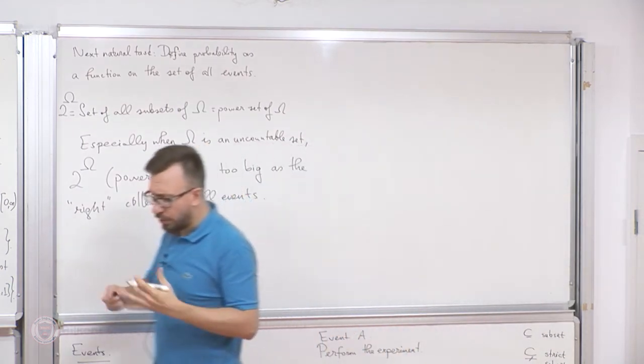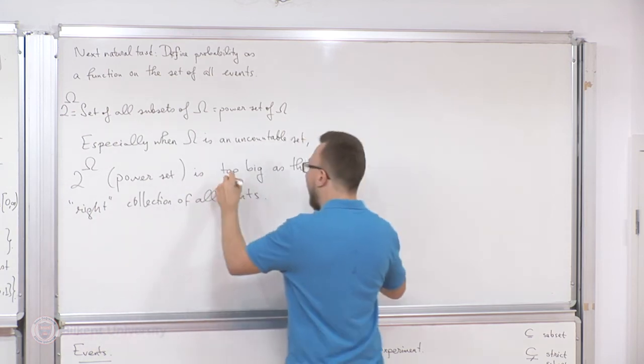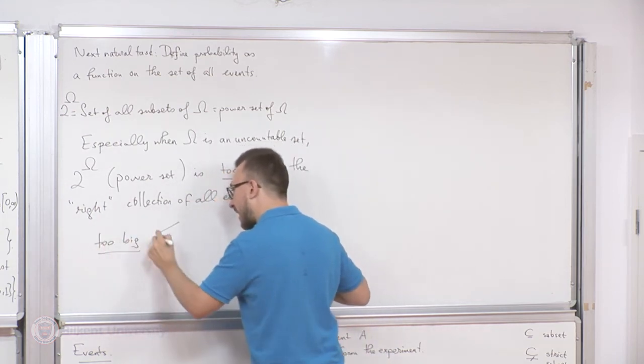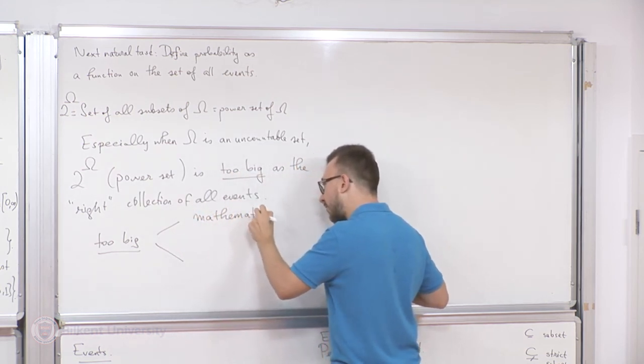It is usually too rich, too big. What do I mean by too big? Well, first of all, there is a mathematical inconvenience, which I'm not going to talk about now.